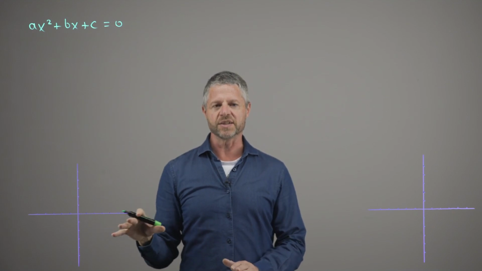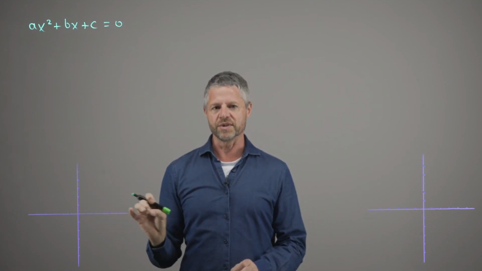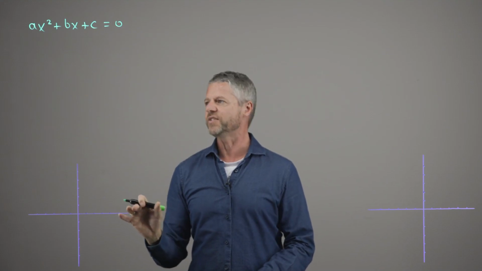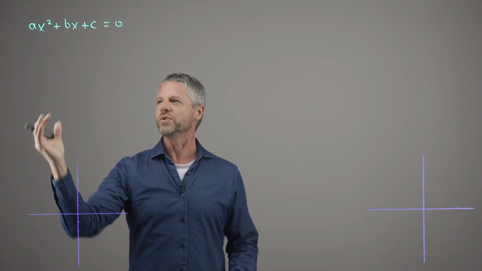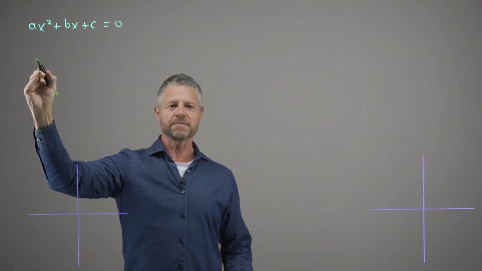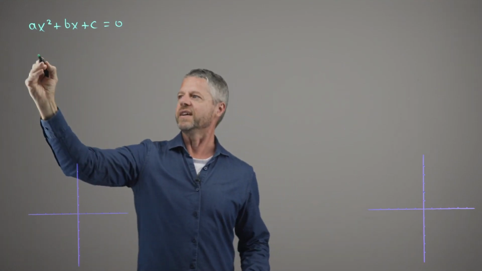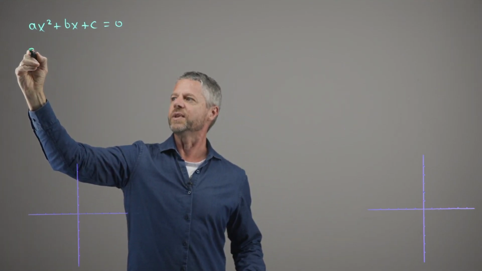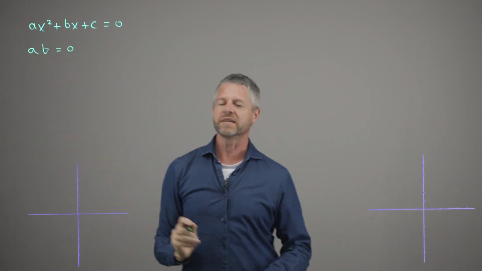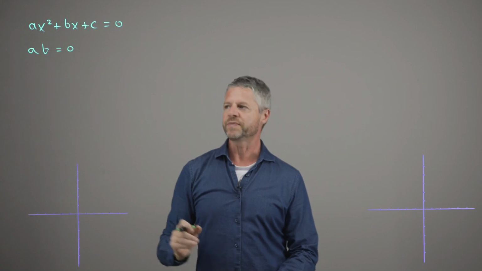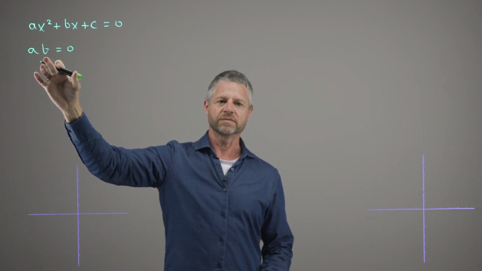There are a number of different ways that we can do this, and if we think back to some of the ideas that we explored earlier, it turns out that one useful way is using factoring. Back in, I think it was video 2, we talked about the zero factor theorem, which says that if two numbers multiply together to give us 0, then either a is 0 or b is 0, or they're both 0.